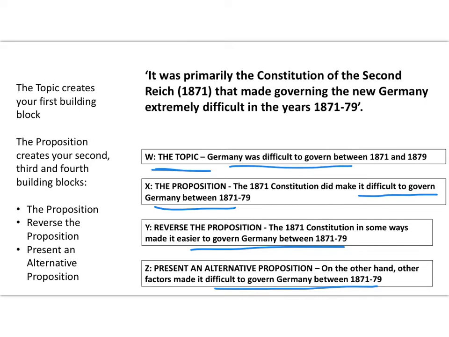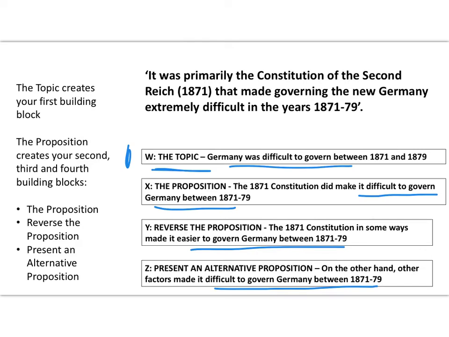It holds your answer together. And part W, the beginning of your essay, very much focuses in on it. It shows knowledge about the difficulties governing Germany. The proposition, which forms the basis of parts X, Y, and Z, we then break into three bits.